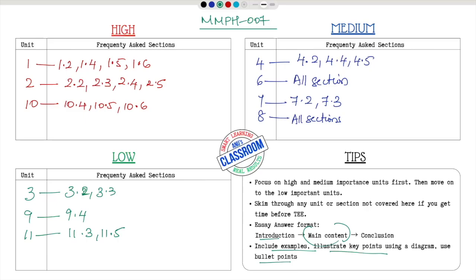Now the exact format, whether there will be a case study, no case study, those kinds of things, I am not the right person to comment on it, but don't let that bother you even if you are not confident about those things. Focus on the essay type questions, because if you can answer them properly, you will pass with good grades.